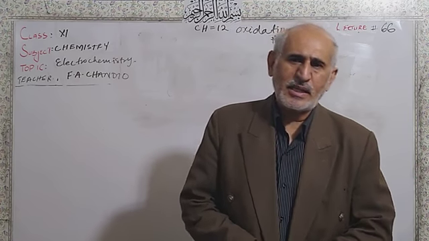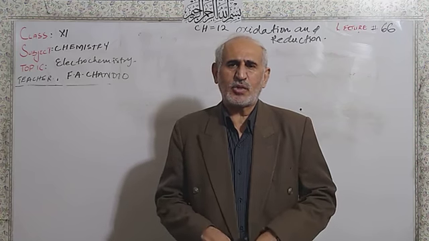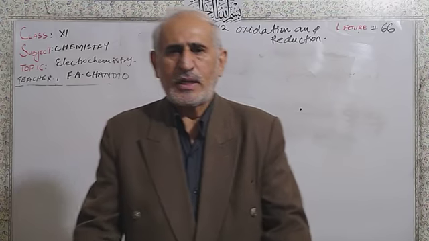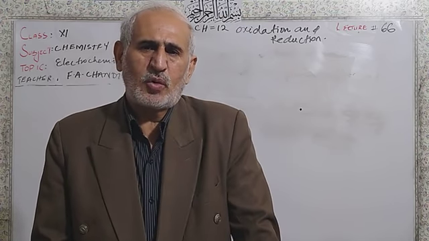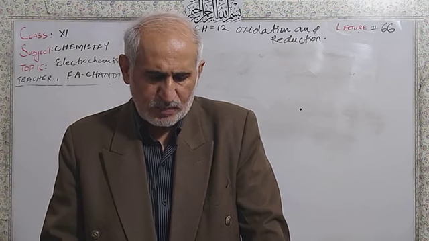Mostly metals lose electrons because they have fewer electrons in the valence shell and are more electropositive, so they can lose electrons very quickly to give positive charge. That is oxidation.